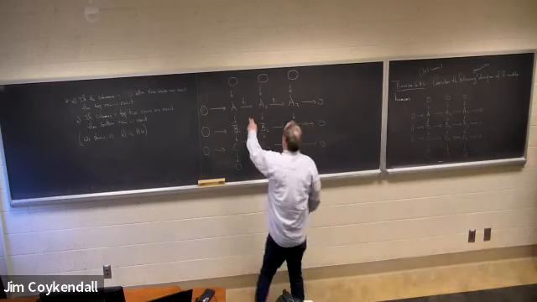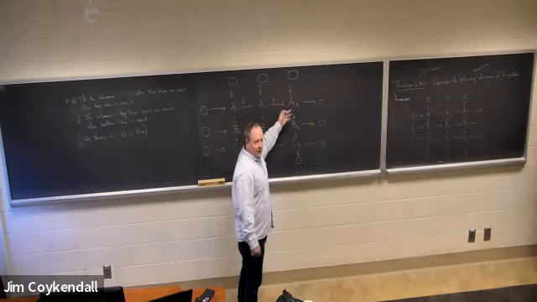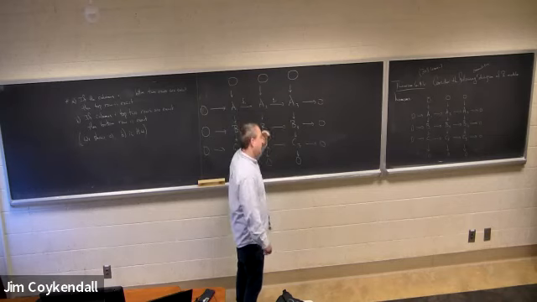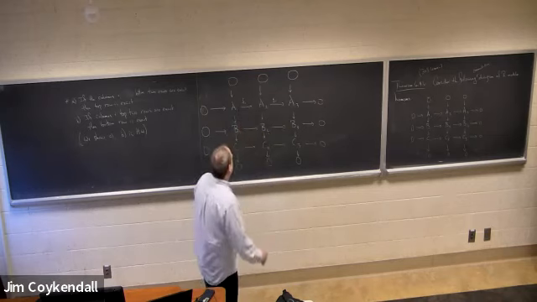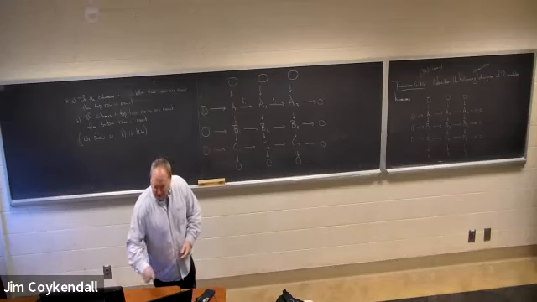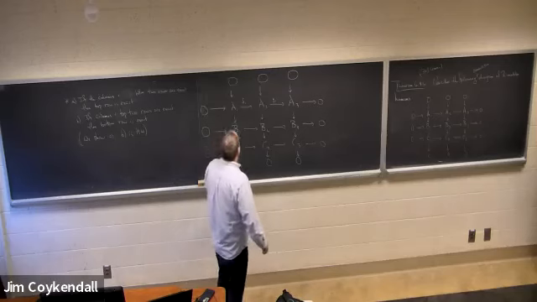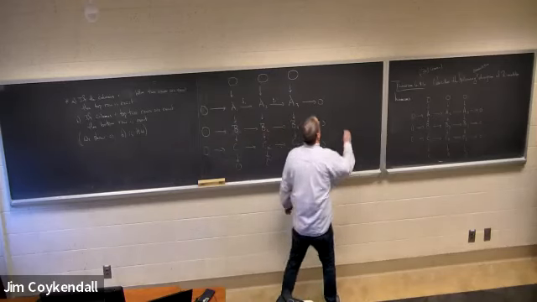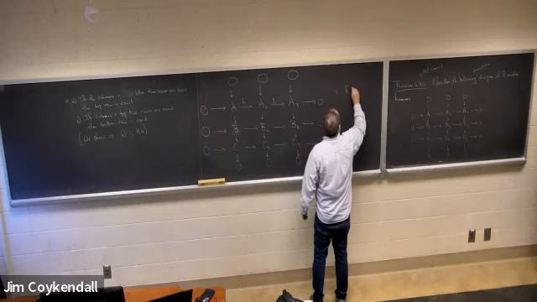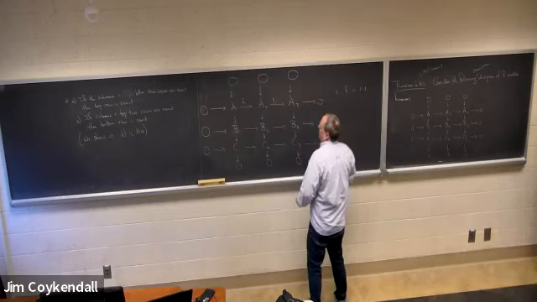The containment, the image is contained in the kernel, will almost always be easier. The kernel contains the image will be a little tougher. I don't know which one's the hard one, but we'll see. Let's experiment. Okay, so first, let's try F1 is 1 to 1.